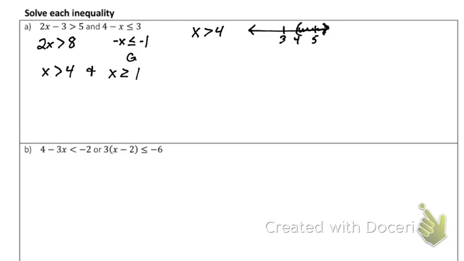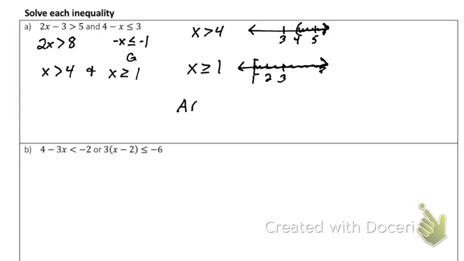The other thing is it has to be bigger than or equal to 1. X is bigger than or equal to 1. So our graph of that would be, well, we have a 1 with a bracket on it. I guess 2, 3. Let me do something like that. And don't forget, it's an "and" statement.